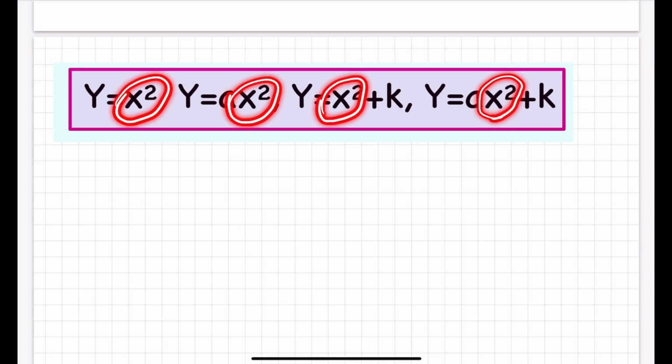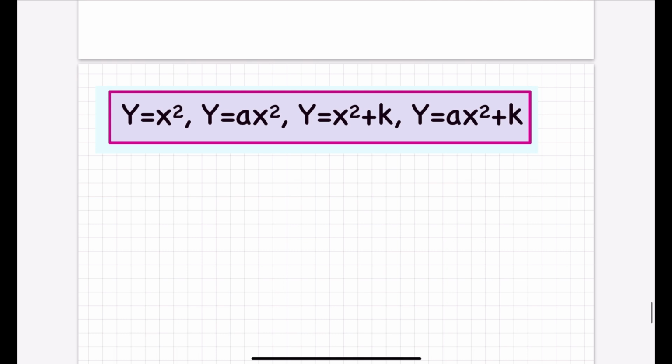You can see all of my exponents are squared. So this is a place that all the quadratic functions have in common, that the highest exponent of x is 2. In a quadratic function, we always have x squared. No question.